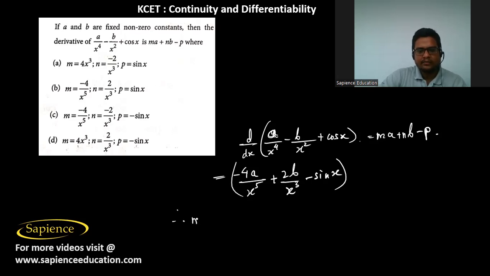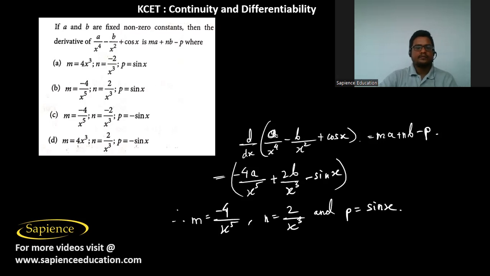So therefore m is equal to minus 4 by x power 5, and n is equal to 2 by x cube, and p is equal to sin x. So option B is the correct answer.